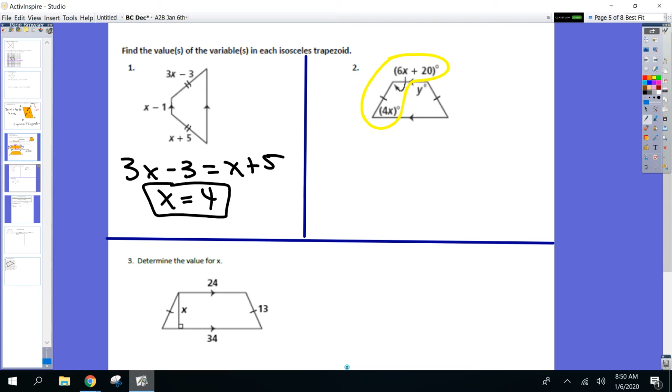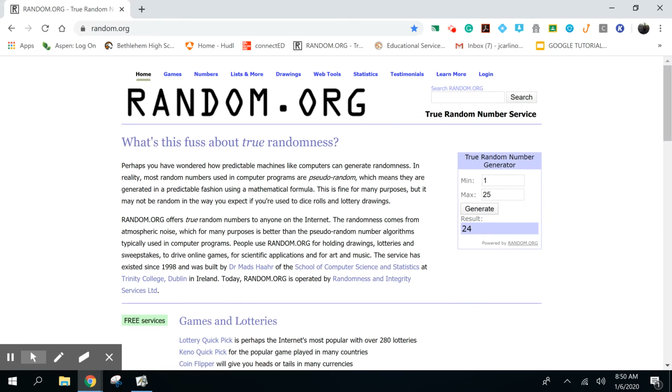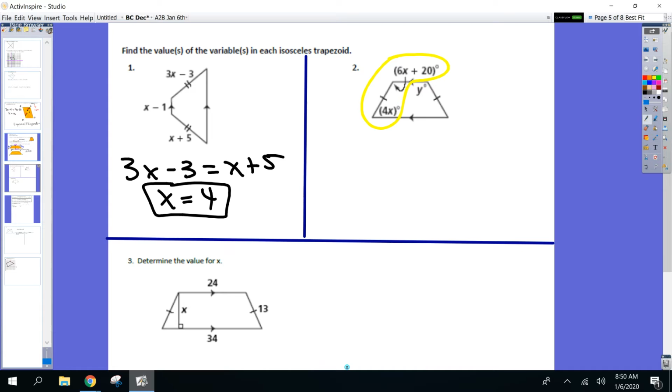Same side interior. Congruent or supplementary? Supplementary. 6x plus 20 plus the 4x equals 180.